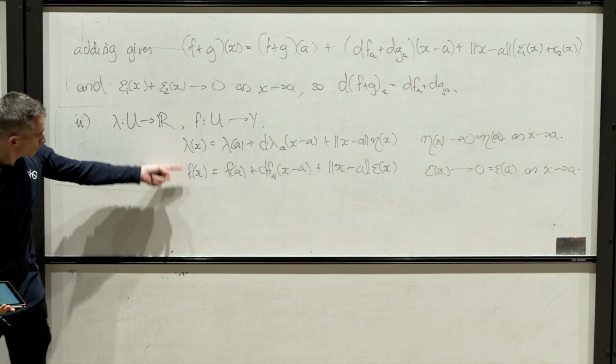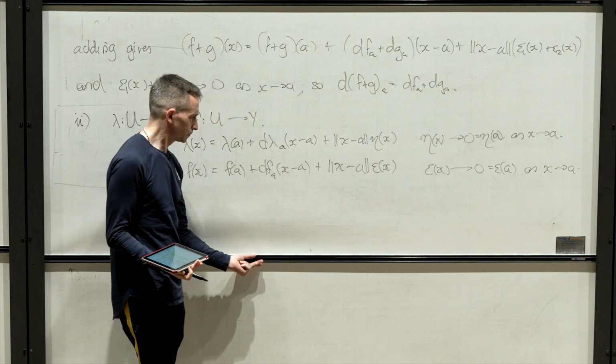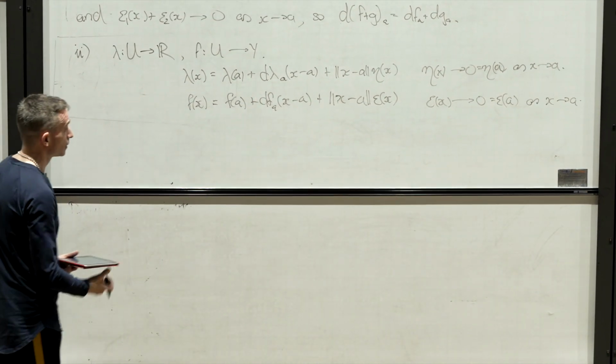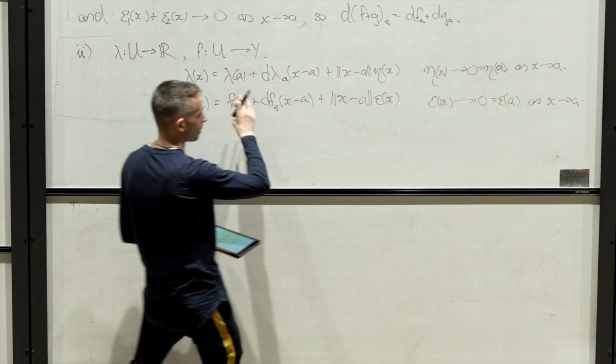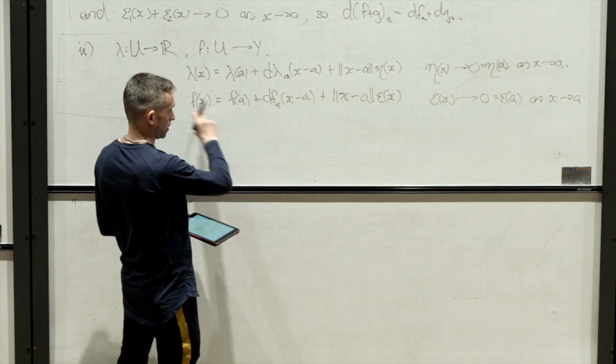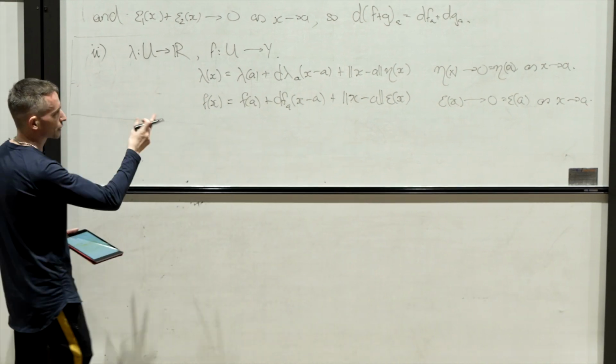And we want to understand how lambda times f behaves. Well, then we just have to multiply these two expressions together. But most of what you get is easy to control from what we already know about f and lambda, but there's one term that we have to think about.